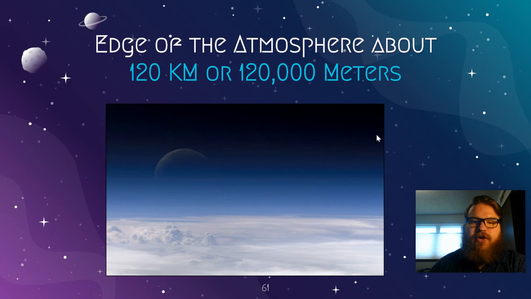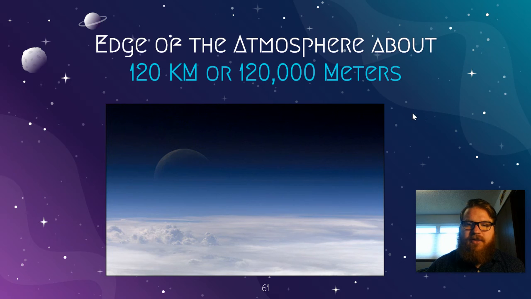If we go up further, we're at the edge of the atmosphere. There isn't just a line that we draw when all of a sudden you're in space, right? The atmosphere's layers get thinner and thinner, but right around 120 kilometers, or 120,000 meters up, is kind of the end of the Earth's atmosphere, when we're pretty much in space. And in space, do we have any place to go?